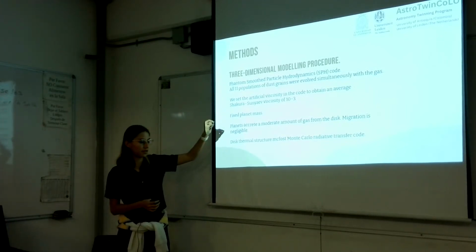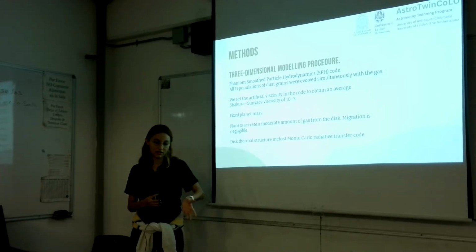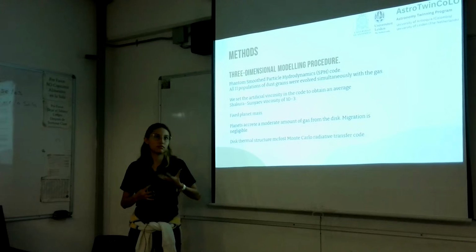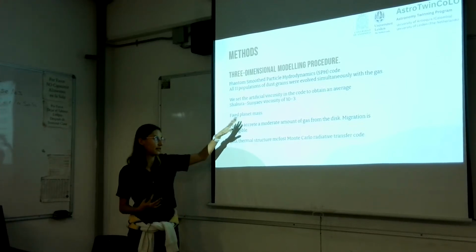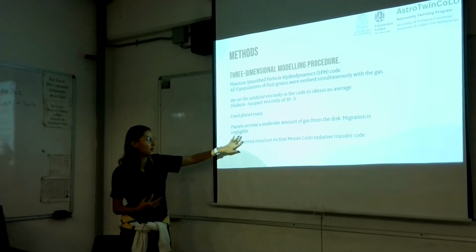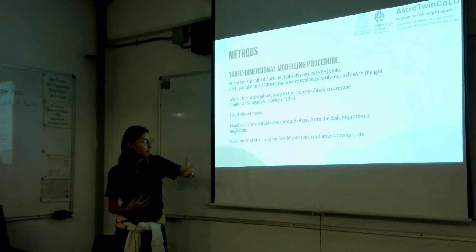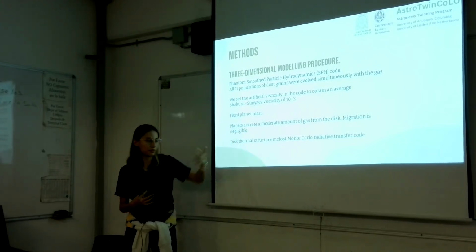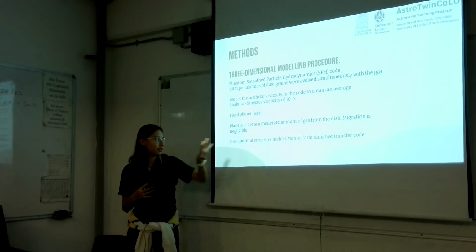And an important thing here is that planets have an accretion disk, and so their masses are supposed to increase, but they fixed the planet masses. They found that the planets accrete a moderate amount of gas, but the migration is negligible.